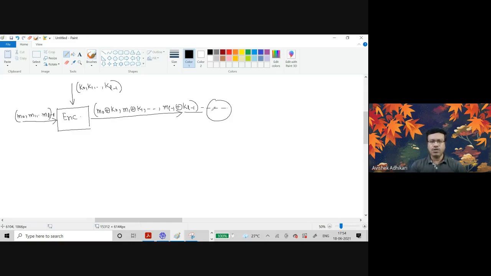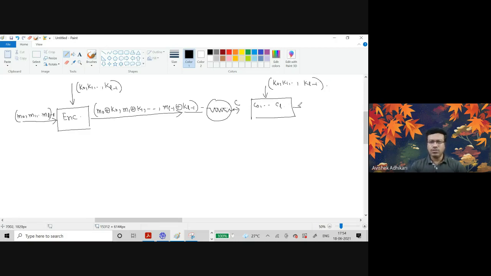It will go through some insecure channel as ciphertext C, and reach your destination. The ciphertext is C0 to C(L-1), and again you need to put the same key, in a synchronous manner, K0, K1, up to K(L-1).